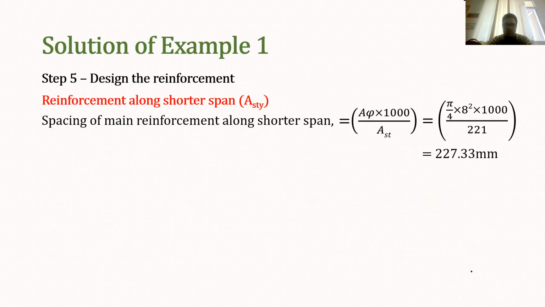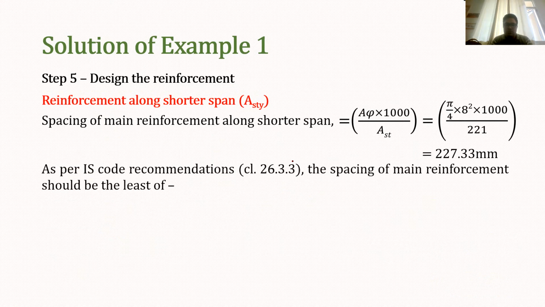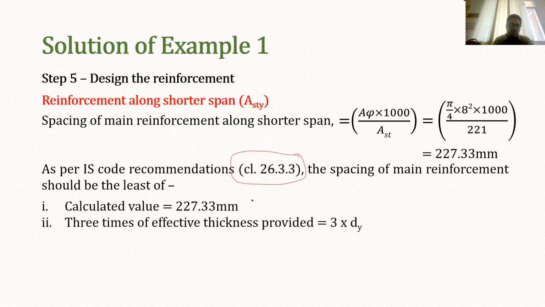For this spacing, we also need to check whether it is as per IS code recommendation. So again, referring to the same clause, we are supposed to have three values. First is the calculated value. Second one is 3 times the effective thickness. Here, because we are calculating reinforcement for the longer span, we are going to use the dy value. So 3 times d, which is dy, the depth for the longer span.